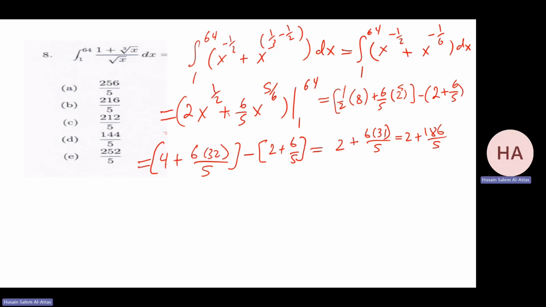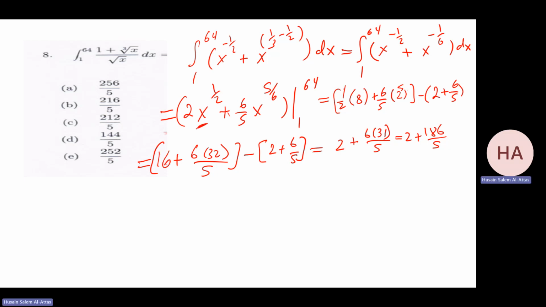Did I do a mistake somewhere? Okay. 186 over 5. Wait a minute. This is 8. Sorry. This is square root of 64. This is 8.